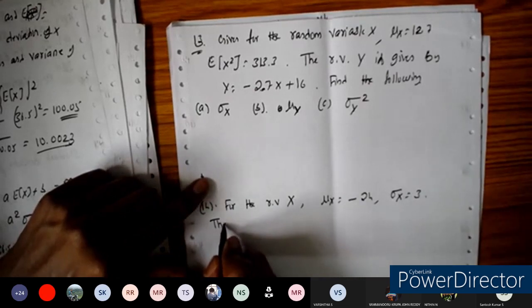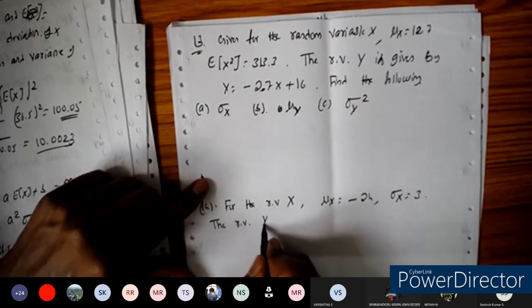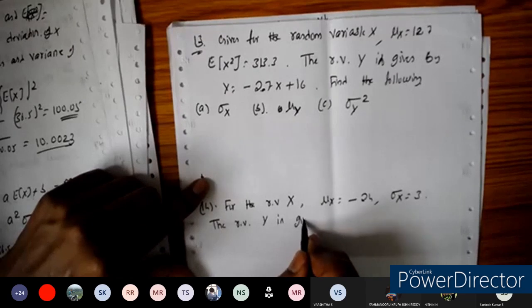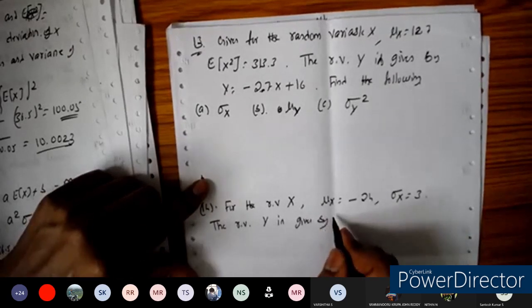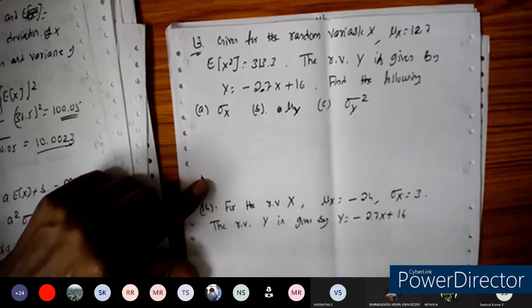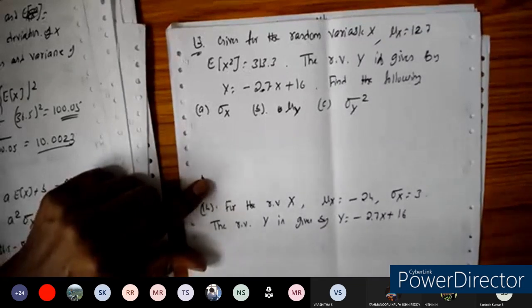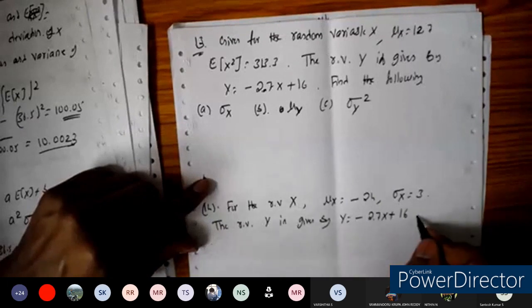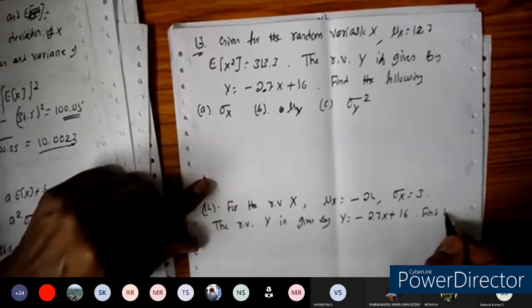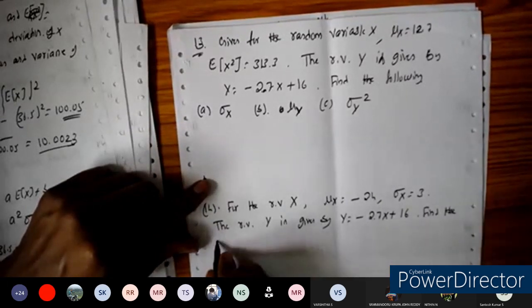The random variable y is given by y is equal to 6 minus 2.7 x plus 16. Find the following.